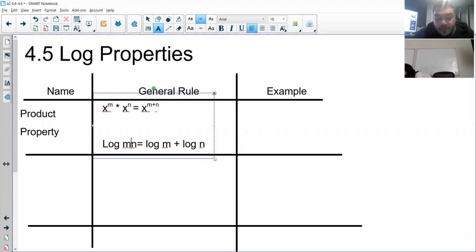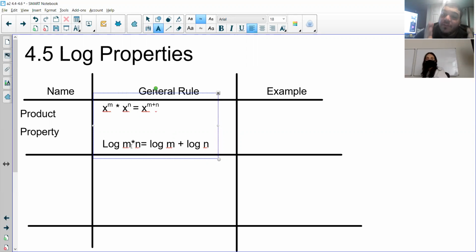So if you want to make it clear, m times n can be spread out into adding. Notice how they're reversed. In the exponent, you multiply them and you combine them with adding. Here, they're being multiplied and you spread them out with adding. Exponents you combine with adding, logs you spread out with adding.